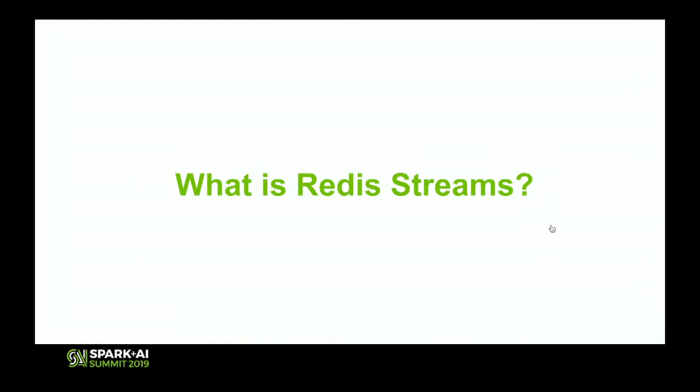Somebody was asking me, how is Redis streams different from Kafka? It's like this. Kafka is like a big rig truck, and Redis streams is like a Ferrari. Redis is an in-memory database. It's extremely fast. It's lightweight, very simple.